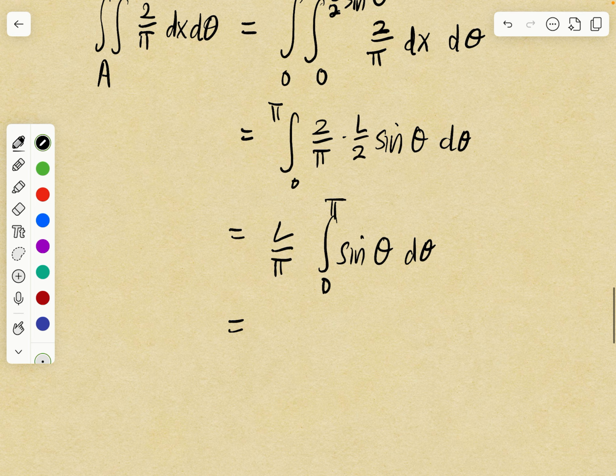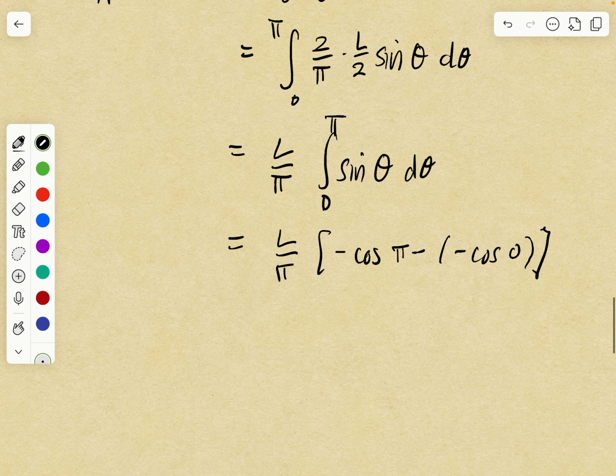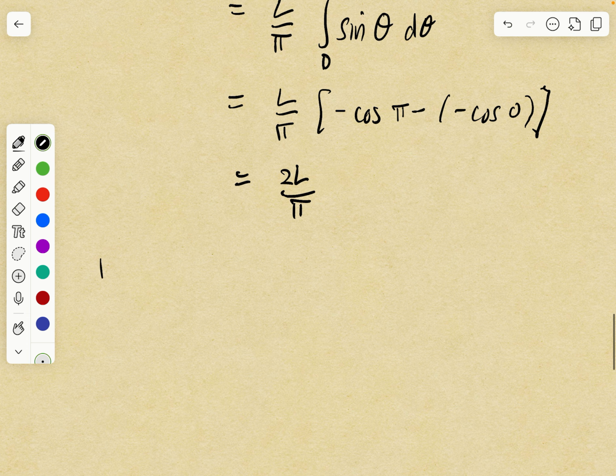That's L over pi times negative cosine of pi minus negative cosine of 0. Cosine of pi is negative 1, so you get 1 plus 1, which is 2. So 2L over pi. That's the answer: 2L over pi is the probability that you touch the crack.